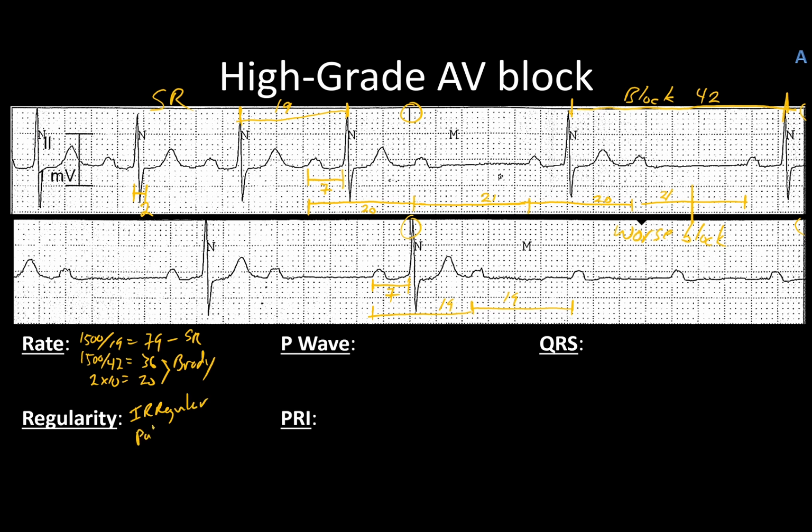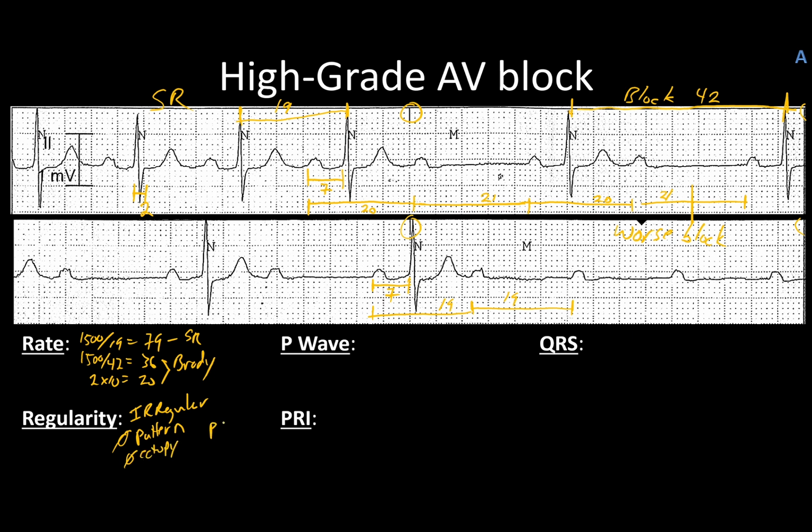In terms of a pattern, well, we had no unique pattern at the start because everything was regular, but then we got into a 2-to-1 block, and then it got even worse beyond that. So I can say that we don't have a specific pattern. We don't have any ectopy.